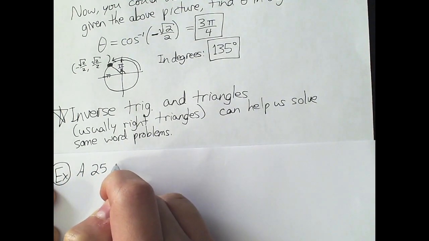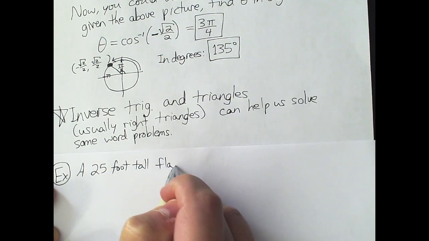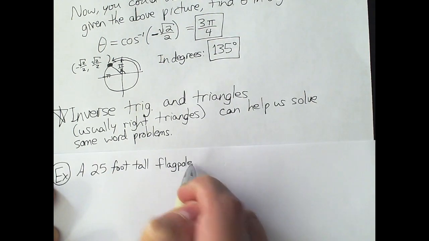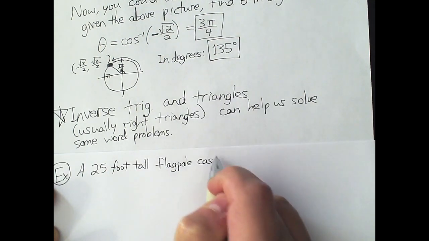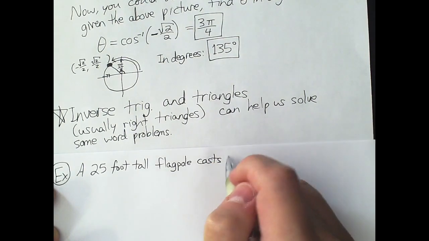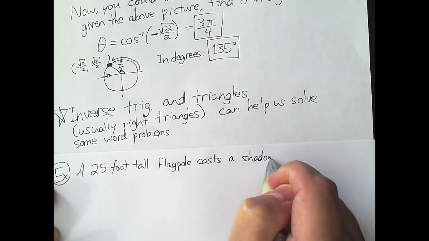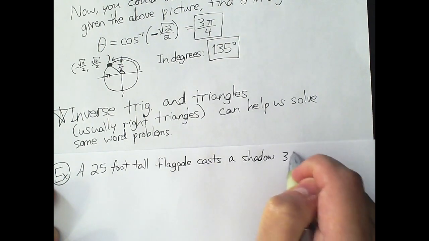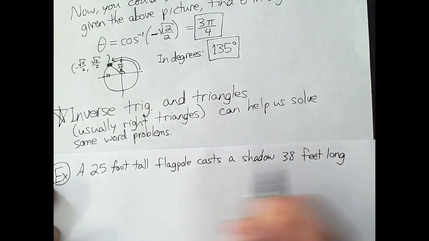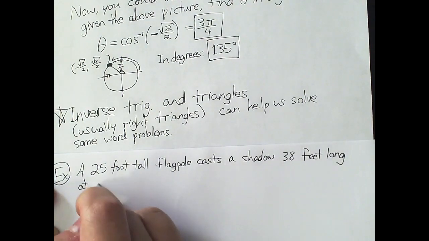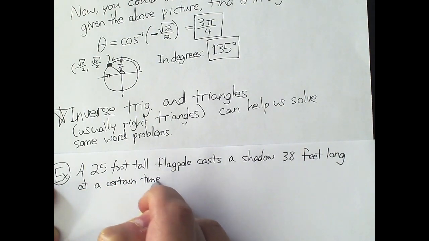A 25-foot tall flagpole. Or, you know what? I said that I have two problems. I think I might actually ask you to do the first one. So, wait till I finish writing all this. Casts a shadow 38 feet long at a certain time of day.